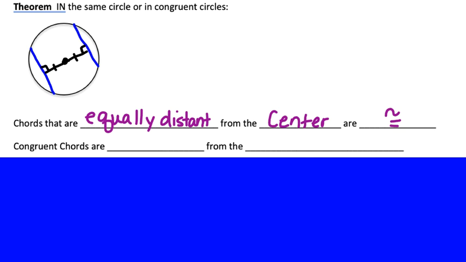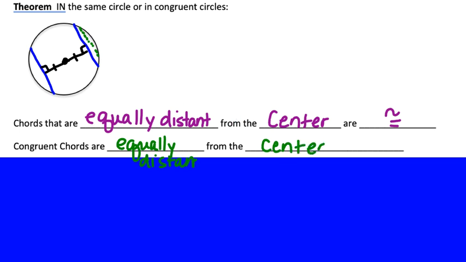If they weren't equally distant from the center, one would be shorter or longer. It would be like maybe here, or here. So the green and the blue wouldn't be congruent, because one's closer to the center, so it got a little bit longer. We want to feel good about these two theorems, and we can say the vice versa: congruent chords are equally distant from the center.